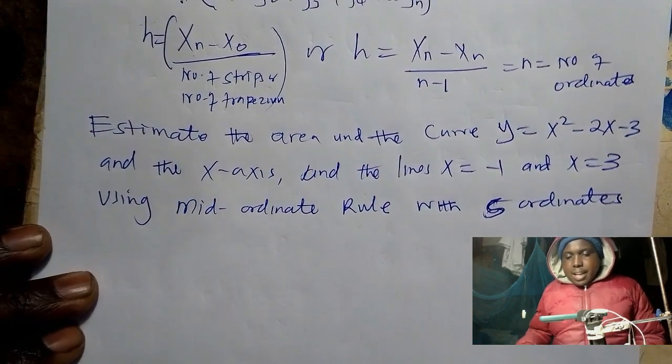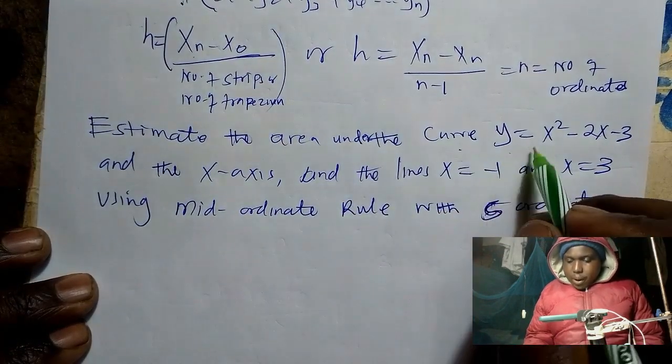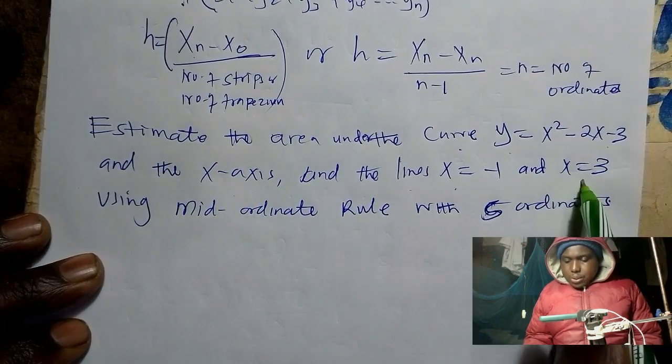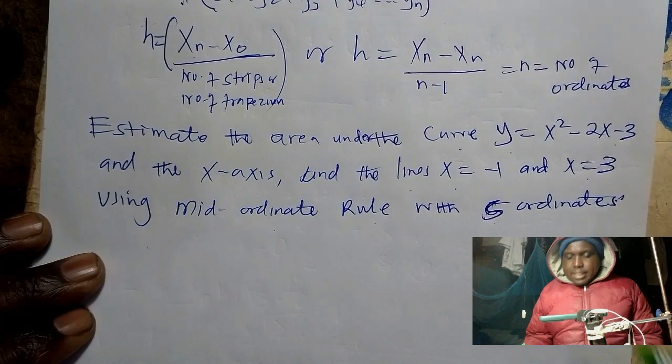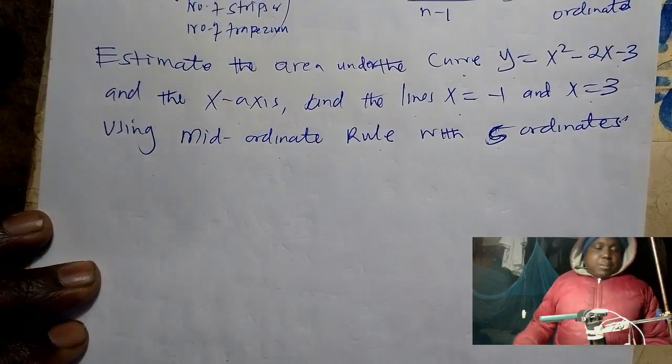Estimate the area under the curve y is equal to this, and the x-axis and the lines x equal to -1 and x equal to 3, using the mid-ordinate rule with 5 ordinates. Very important.